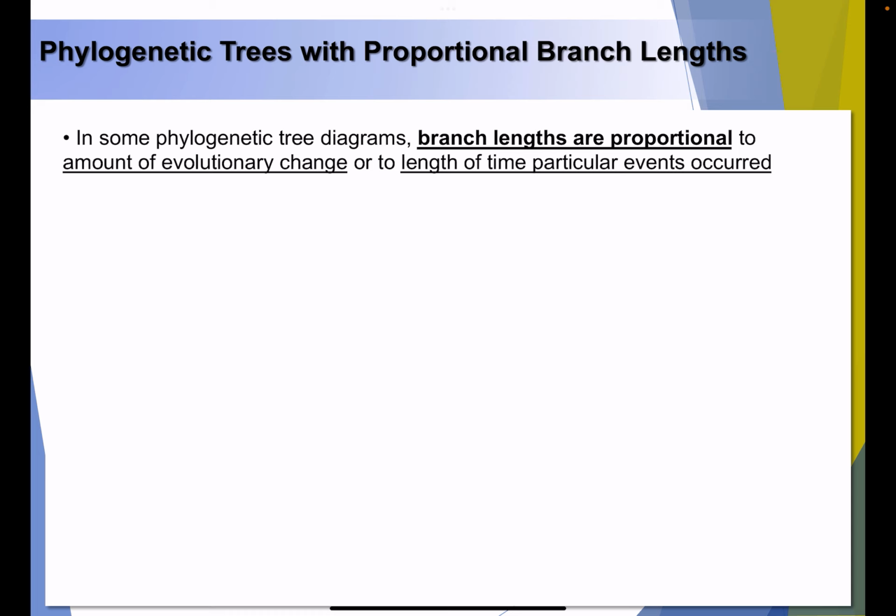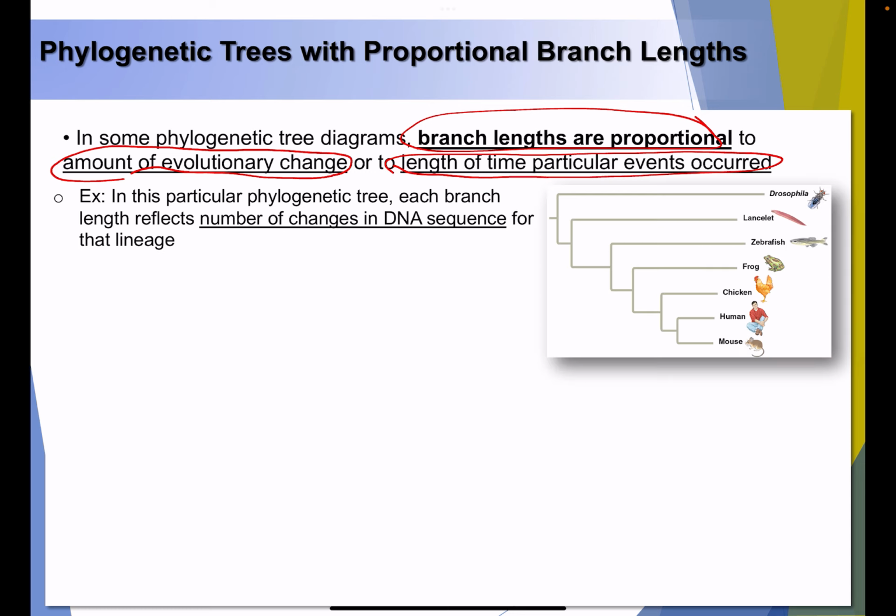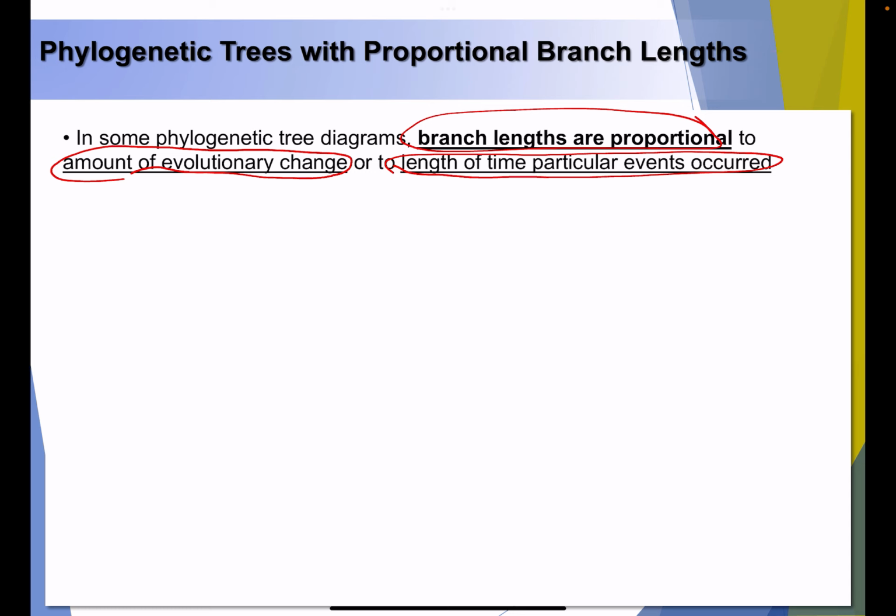But in some exceptions, we have phylogenetic tree diagrams where branch lengths are proportional to the amount of evolutionary change, or they are proportional to the length of time that particular events have occurred. So in some phylogenetic trees, this can actually be shown, okay?